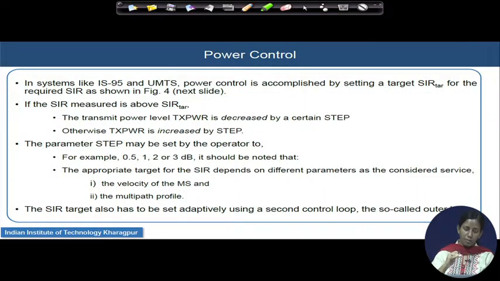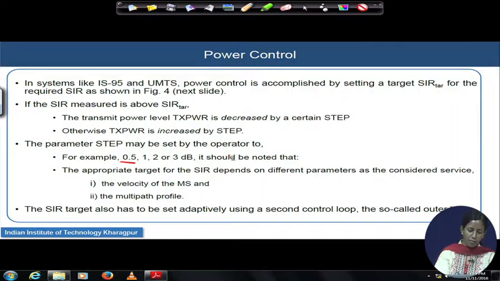And how big the step will be? It depends upon the operator. In some operators it may vary from 0.5 to a maximum of 3 dB.